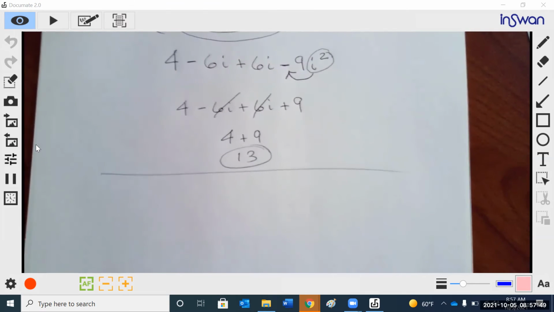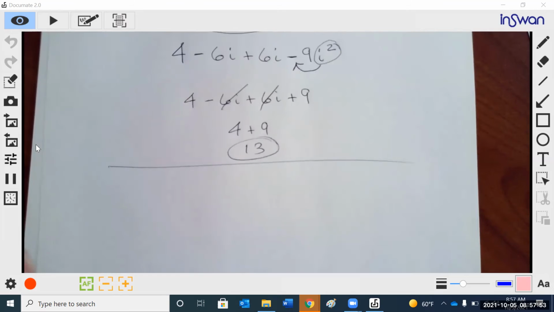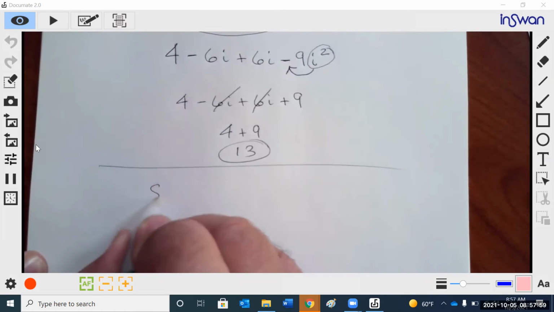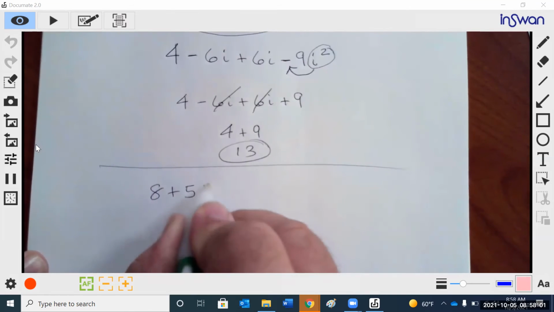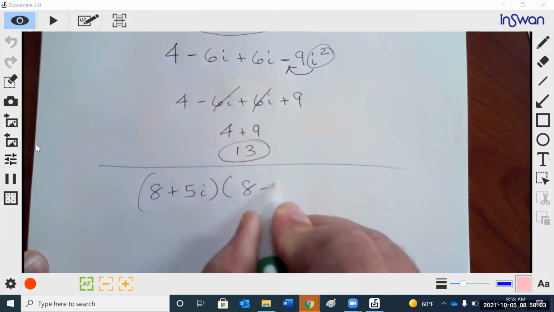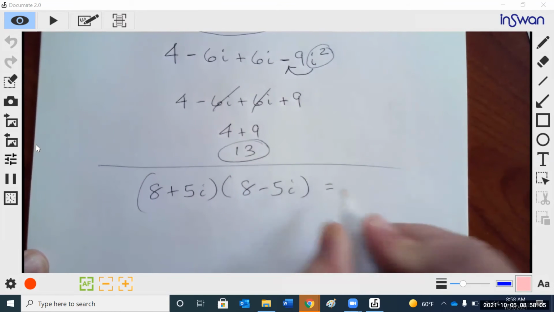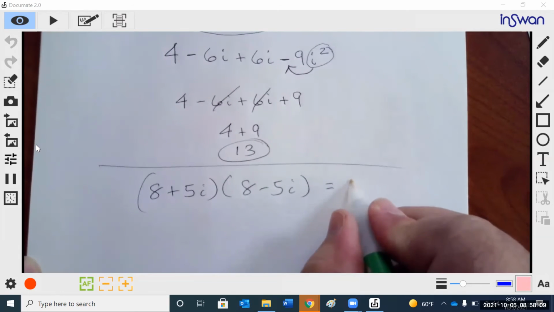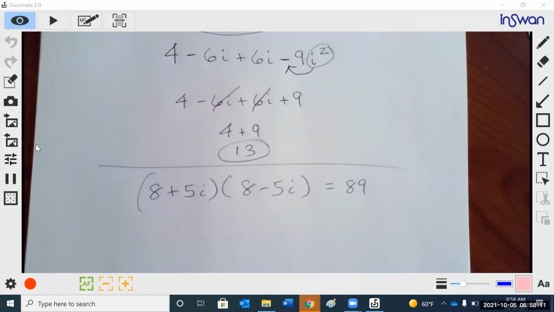Give me any two digits between 1 and 9. 8 and 5. So 8 plus 5i, 8 minus 5i, is 89.